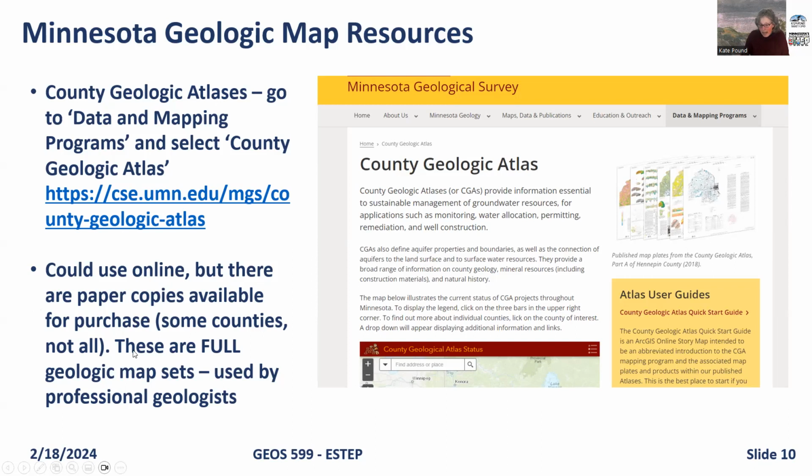Each of the atlases, as I mentioned, are full geologic map sets, and they are the maps that are used by professional geologists. So if nothing else, if you could get one for your county, the county where your school is, and put it up on the wall, it might be interesting and useful. On this page, you can find out which counties have geologic atlases. So that is a wonderful resource for you.